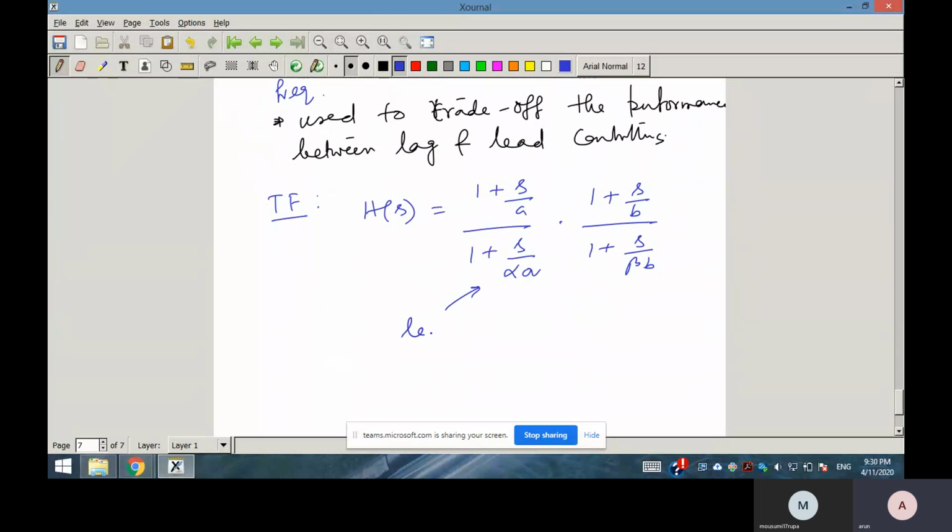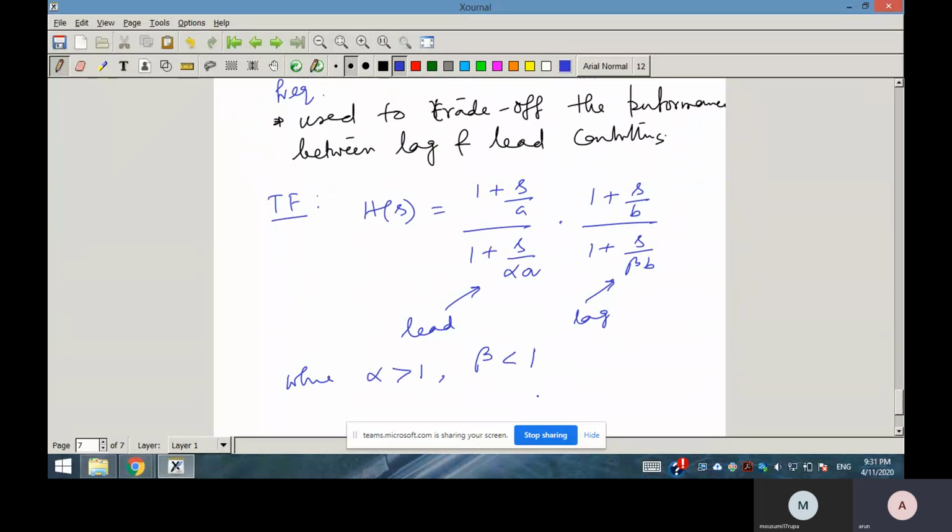If this is your lead and this is your lag, then of course alpha should be greater than 1 and beta should be less than 1.